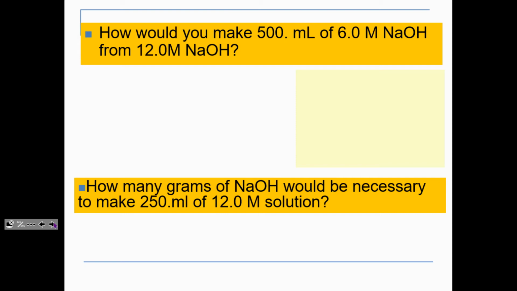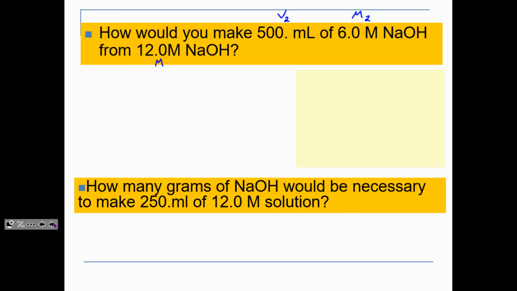How would you make 500 milliliters, which is a volume, of 6 molar NaOH from a 12 molar NaOH solution? So I'm needing to make 500 milliliters of a 6 molar solution.